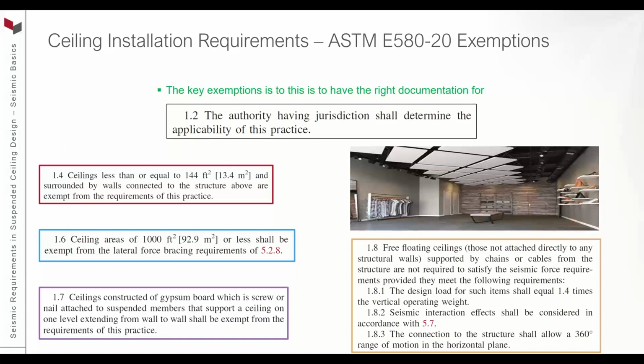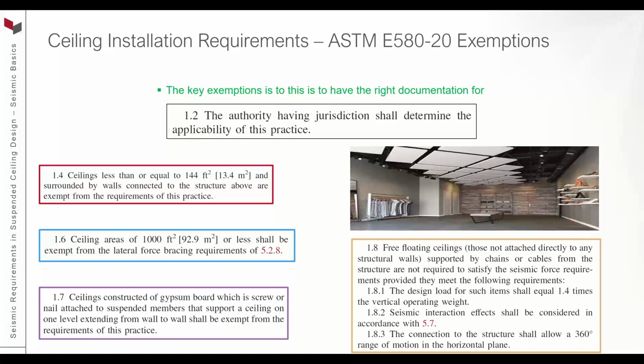But if you take that same plumb bob and drop it down 3 to 4 feet, and that something it is tied to moves, the plumb bob does not react the same way. It's very slow in its reaction time. So ASTM recognizes that and allows for free-floating clouds to be exempt from seismic requirements, but it also has stipulations.